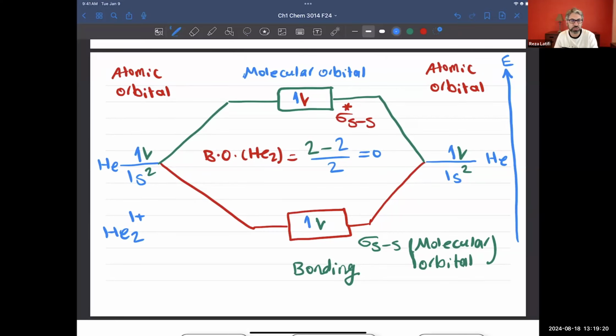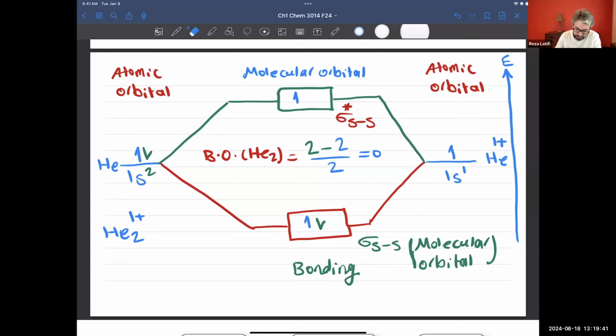Take the electron from one of them, it doesn't matter which one. Let's take 1 electron from the right side, so that one has only 1. This helium is plus 1, and the left side is neutral. On the top, I'm going to have only 1 electron because in total I have 3 electrons.